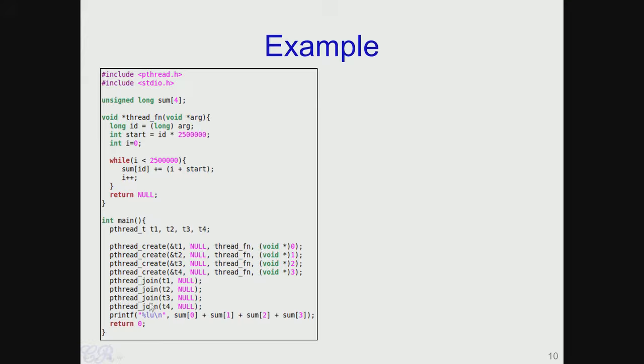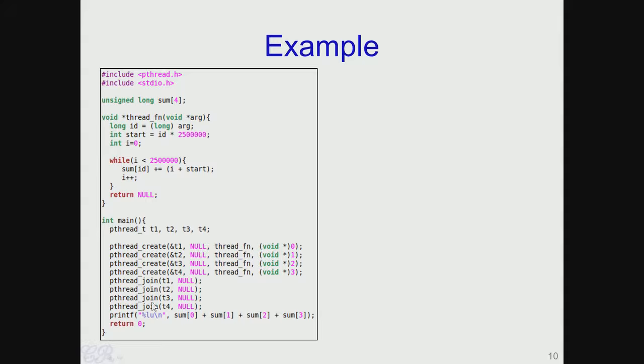So, it invokes 4 joins corresponding to the 4 threads, and what this join call does is block until the corresponding thread specified by the TID over here exits. Thus, when thread T1 exits from this particular function, this pthread_join of T1 will wake up and complete executing.